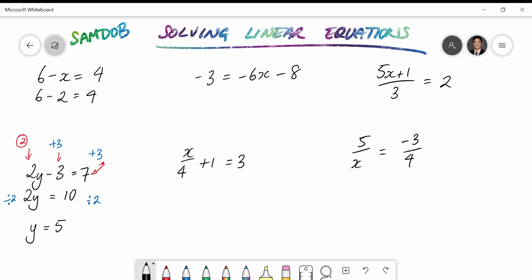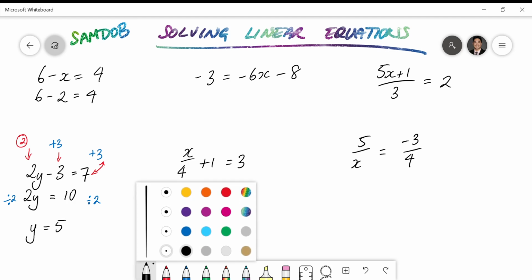If you think about it, if 2 yo-yos equal $10, then 1 yo-yo is going to equal 5. You automatically divided it in your head, but I want you to understand the process is the opposite to how it's currently presented. As we do the others, it will become more familiar, and you get into the habit of this routine of SAMDOB.